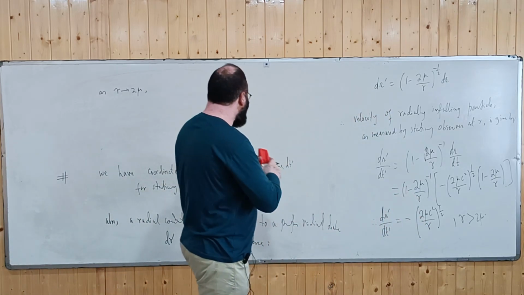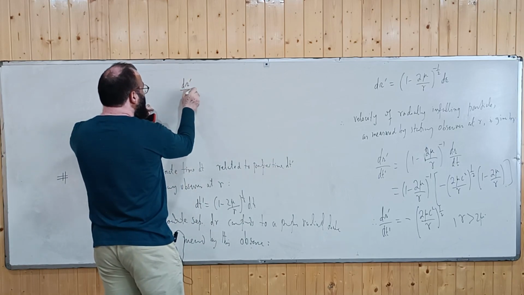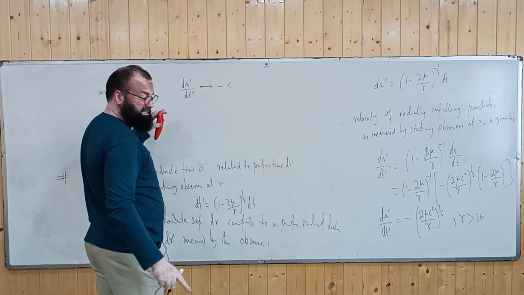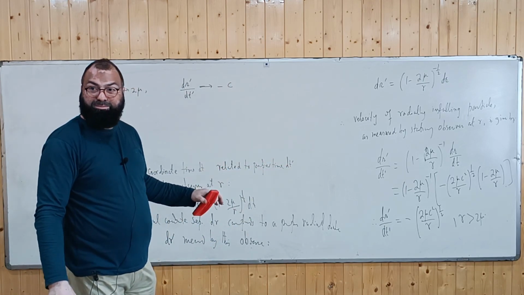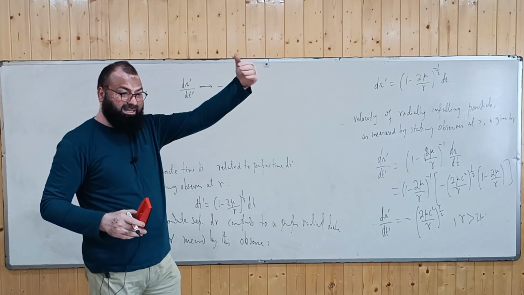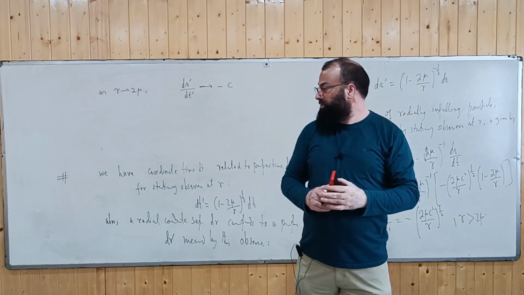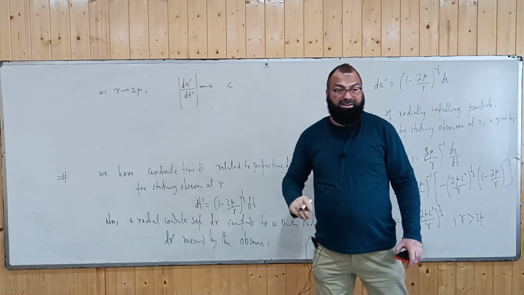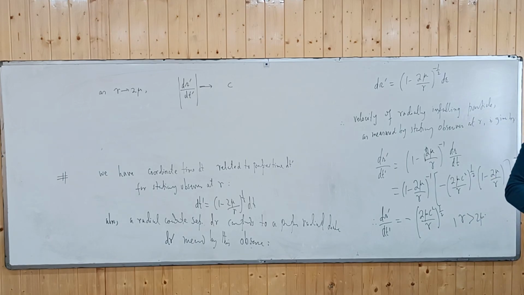Therefore dr by dt prime approaches minus c. That means it approaches the velocity of light. The minus is a sign for the infalling observer, so taking the magnitude, it is simply the velocity of light. So for an observer who looks at this particle reaching this surface, it crosses at the velocity of light. Understood?